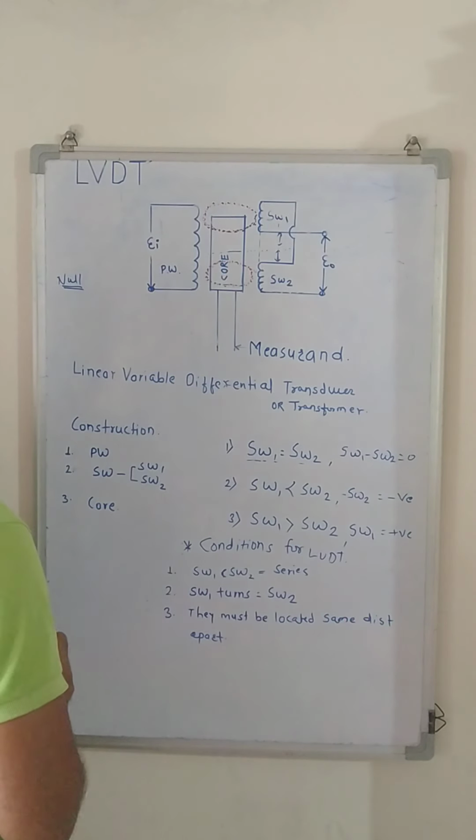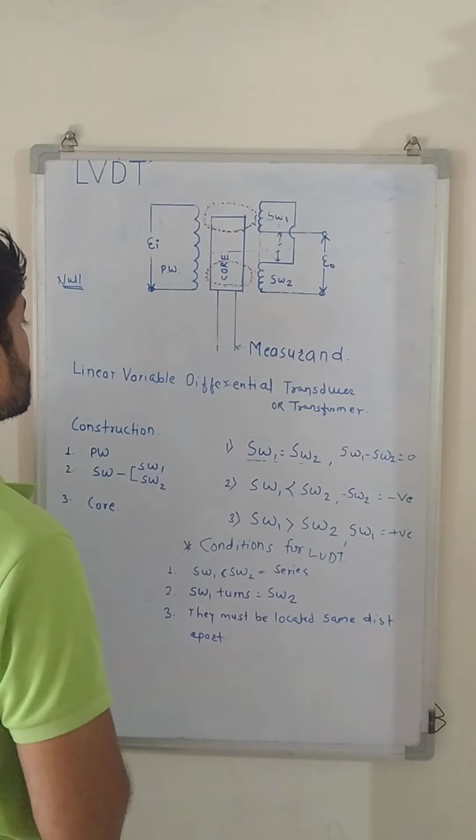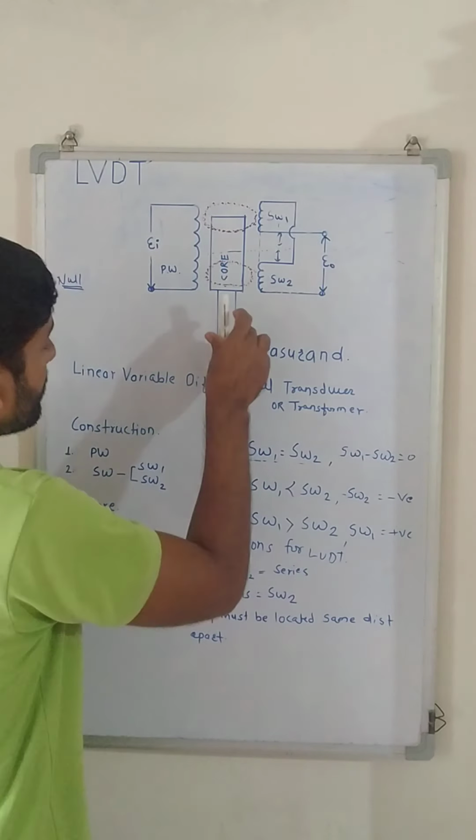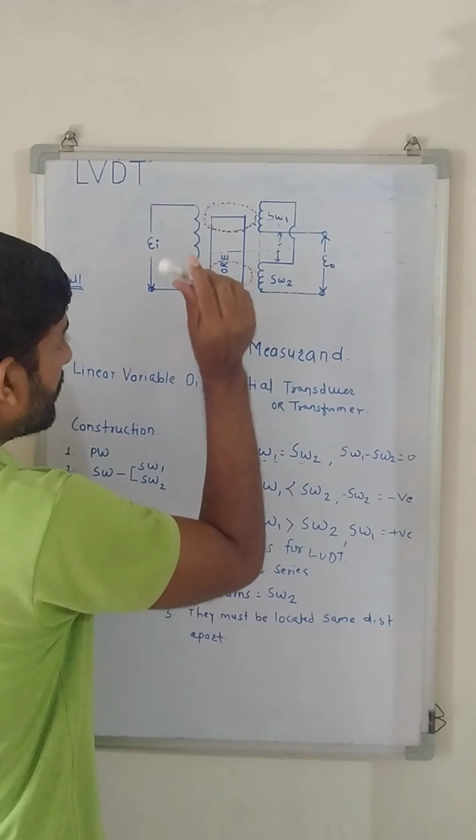Now let us see the working of LVDT, the linear variable differential transducer or transformer. When the core moves upward, what will happen?